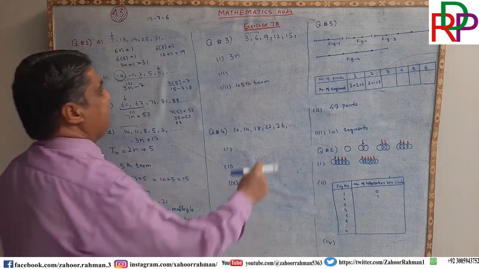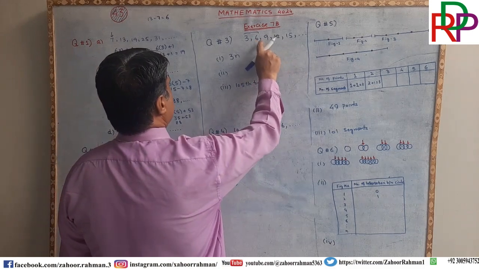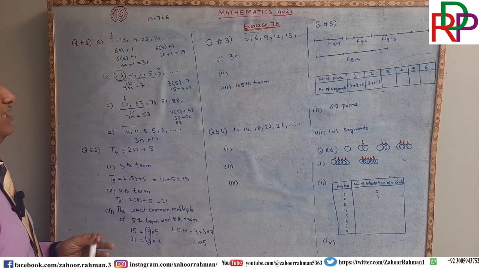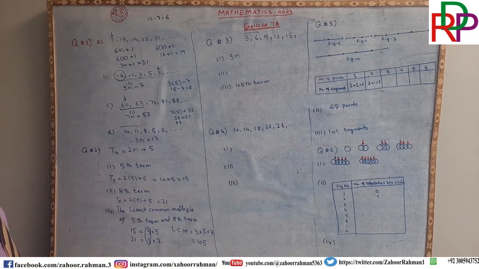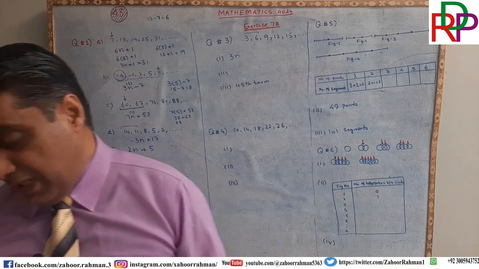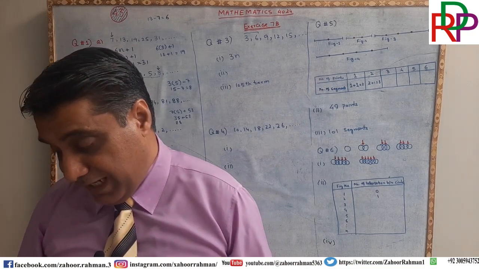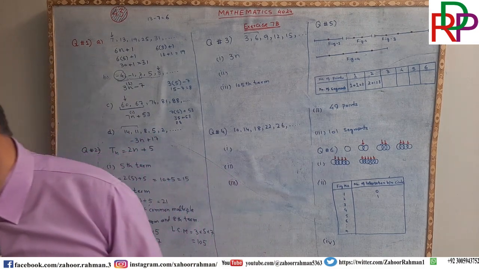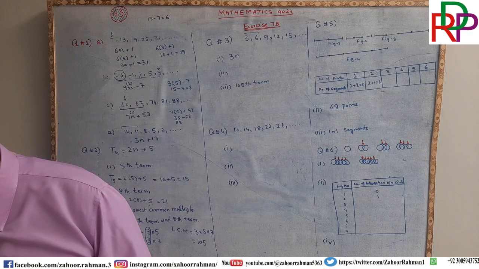Now you can find that it is 1, 2, 3, 4, 5. So instead of n, if we are putting 5, we will get 3 5s are 15. Now that was the first part. Now we are going to find the second part, and the second part is saying find in terms of n.